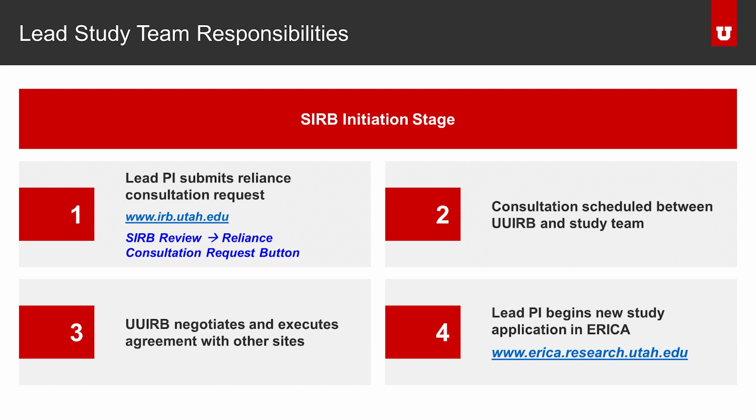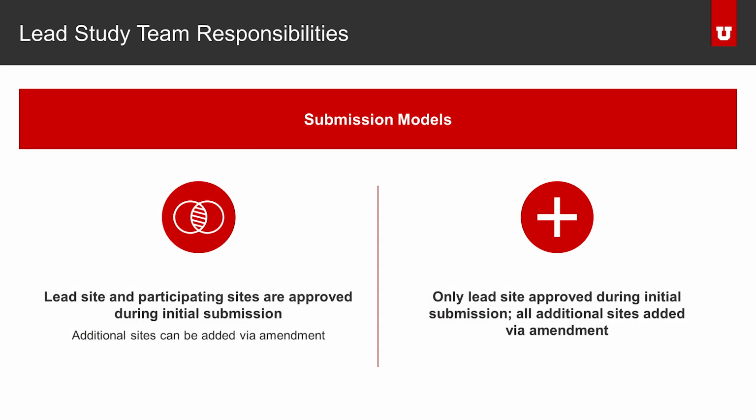When you begin the IRB application, there are two different submission models you will need to consider for your application. In the first model, the lead site and the participating sites submit together, meaning that all sites receive IRB approval at the same time and can initiate the study together. Of course, you can always add additional sites via an amendment in the future.